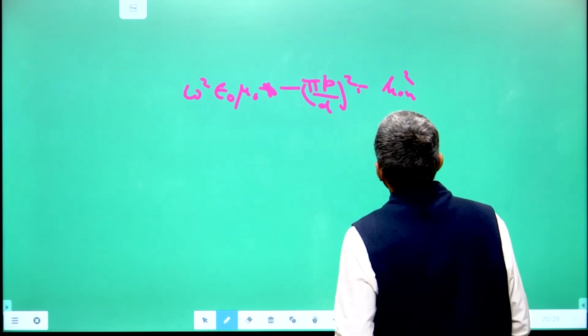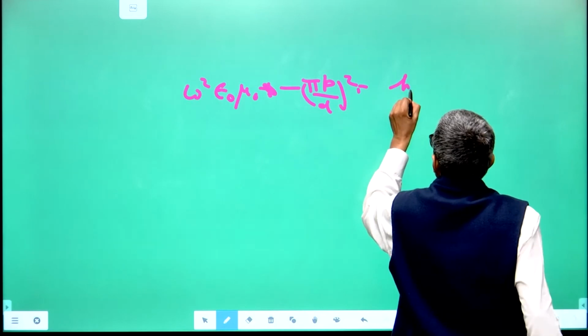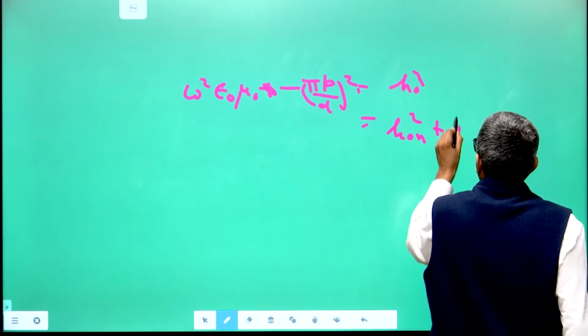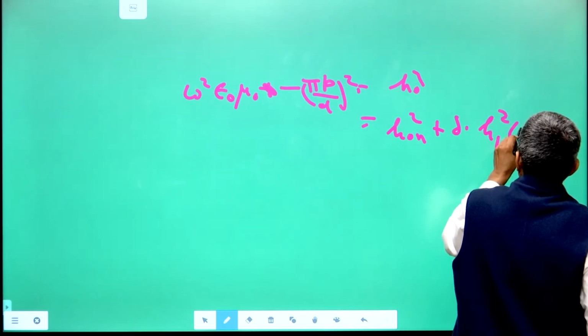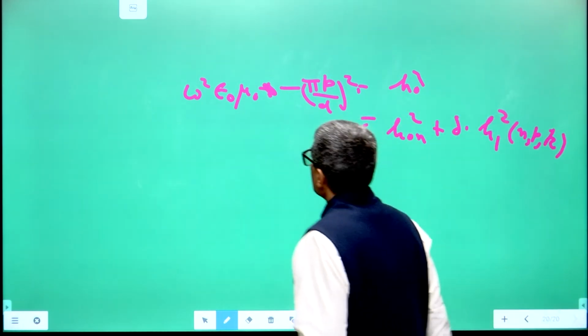This was H0 square, which is now equal to H0 n square plus delta times H1 square. It depends on n, p and k, where k goes from 1 to Dn.